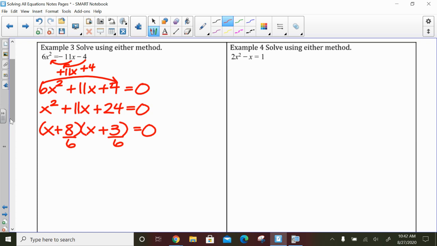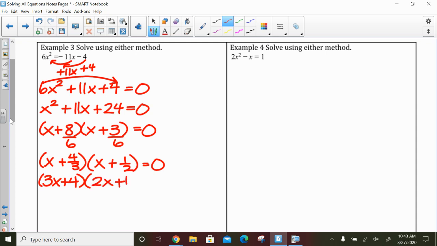Now 8 divided by 6, I cannot do that, but I can reduce that. So this will be dividing top and bottom by 2. I can get 4 over 3. And then here, I can divide top and bottom by 3. Get 1 over 2. So that means this factor is 3x plus 4 and this factor is 2x plus 1.